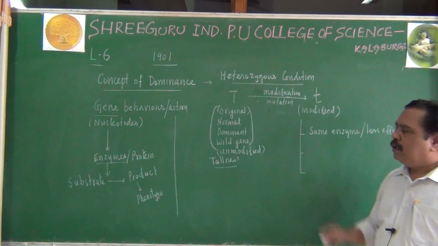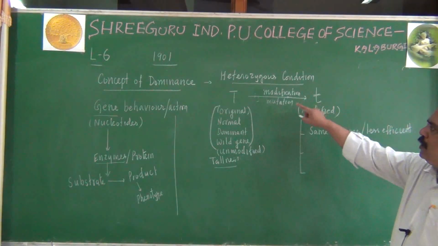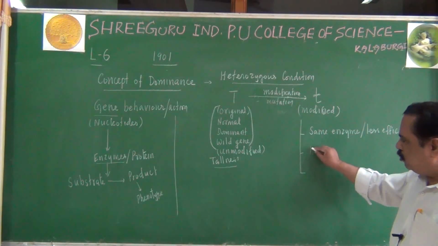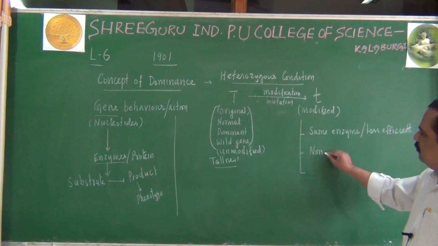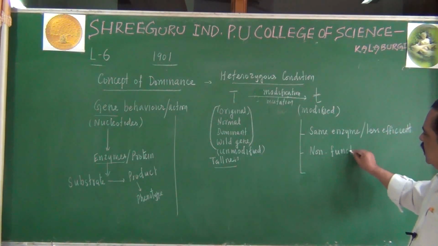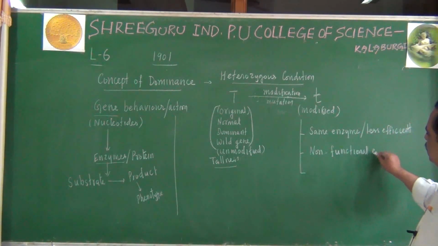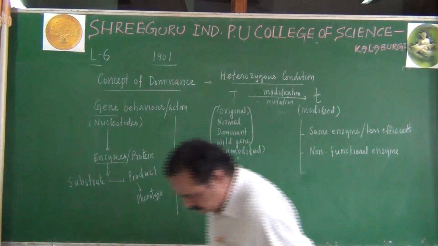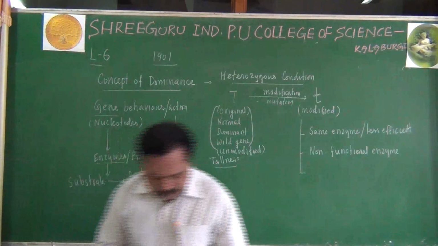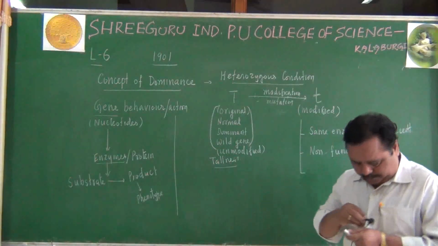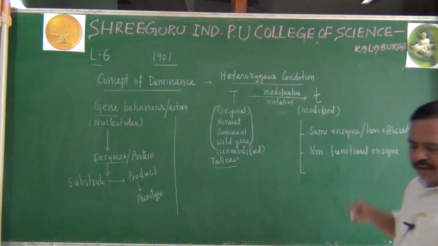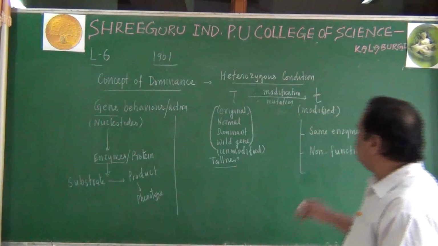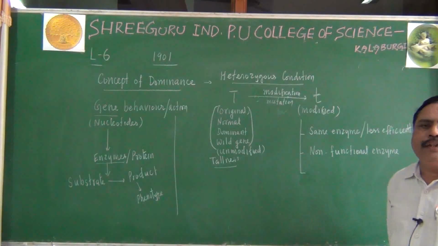If not, this small t, because of modification, because of mutation, it may produce an enzyme, but that enzyme will be a non-functional enzyme. Imagine this point. Due to modification, what are the effects we are getting in this small t?